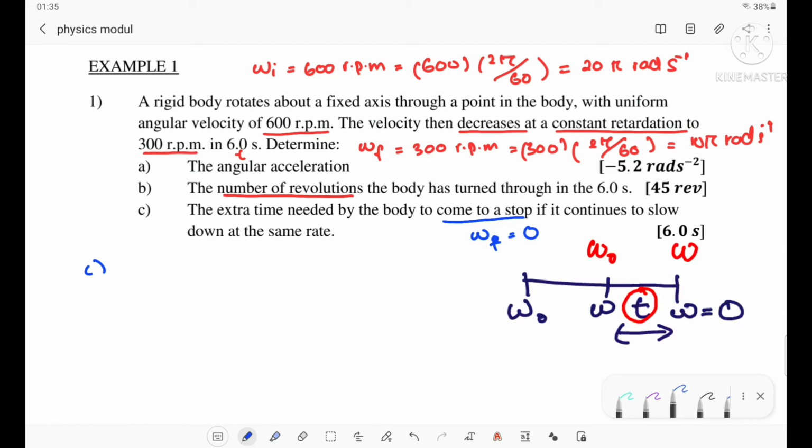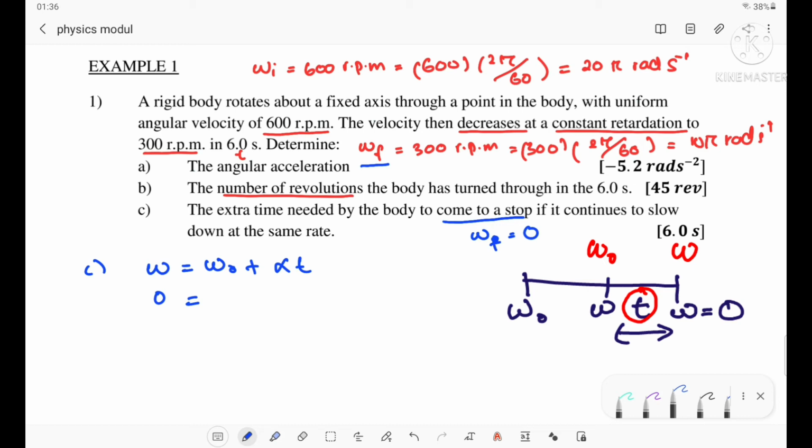So for this question, we're going to use the first equation: omega is equal to omega naught plus alpha t, and then substitute the value for the final velocity. We have 0, and the initial velocity you need to take from this one. The final angular velocity will become the initial angular velocity before it stops.